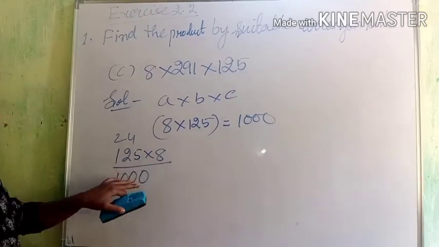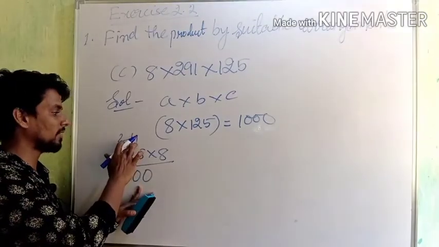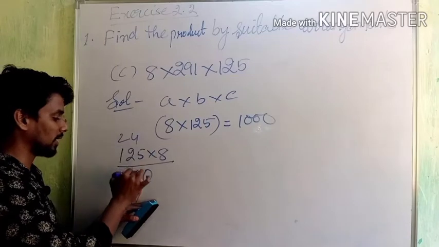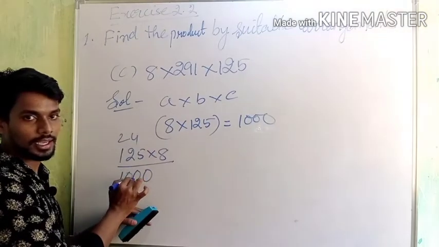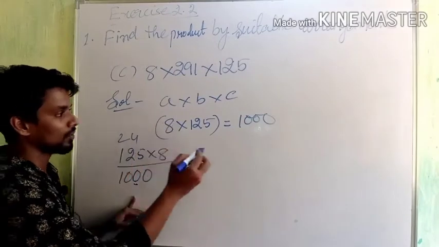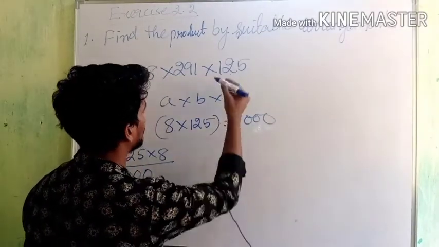8 fives are 40, 0 I have kept here and 4 I have carried here. 8 ones are 8... 8 sixteens, sorry, 8 twos are 16 plus 4 is 20. So again I have written 0 here and 2 I have carried. 8 ones are 8 plus 2 is 10. So I got 1000, and it will be very easy for me to multiply with this one.